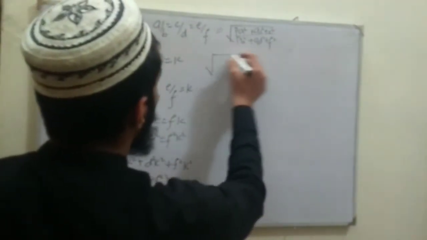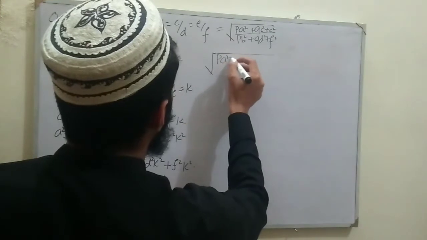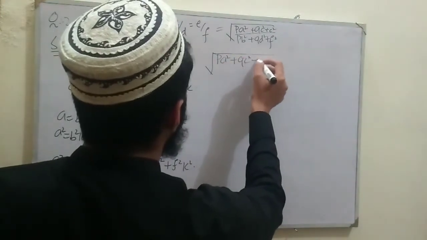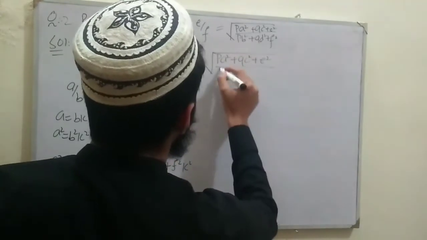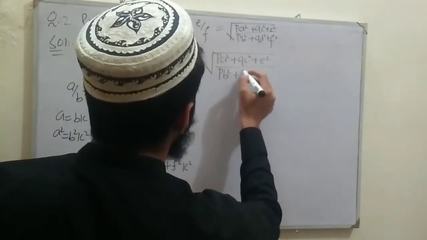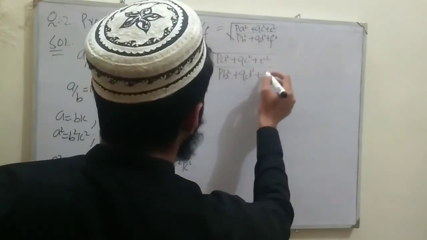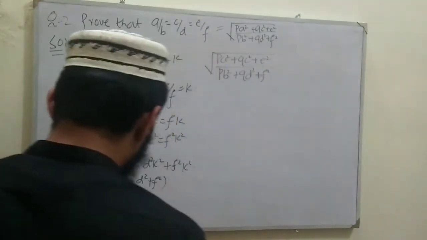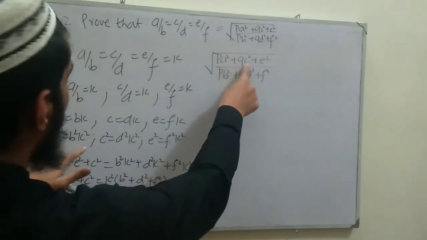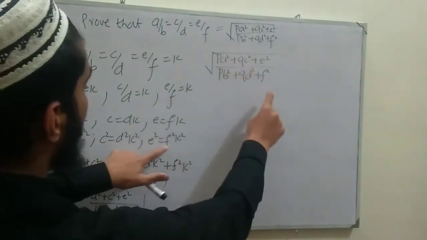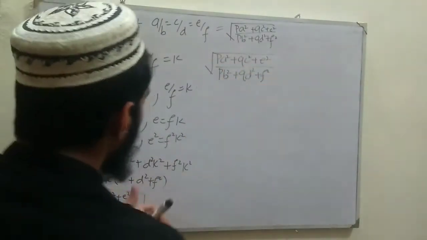Now take this side. Under root of p a square plus q c square plus e square divided by p b square plus q d square plus f square. The value of a square is equal to b square k square. Put here. The value of c square is d square k square, e square is f square k square. Put in this equation.